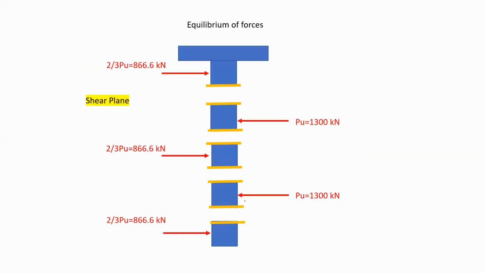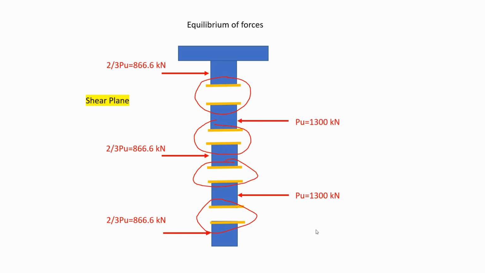So what I'm going to do is cut my bolt into pieces. Here I have shearing plane number 1, shearing plane number 2, this is 3, and this is 4. And I would like to calculate the shearing force on each plane.